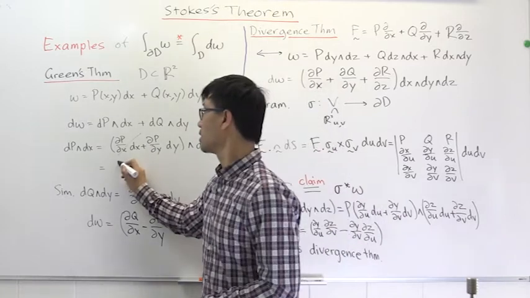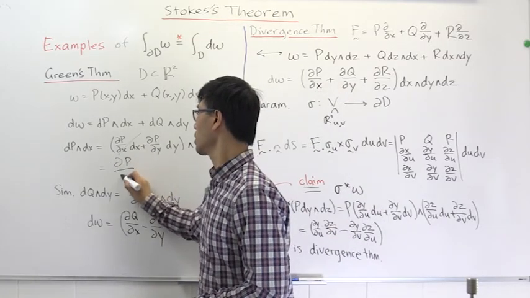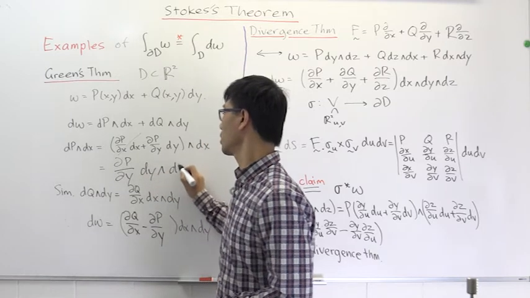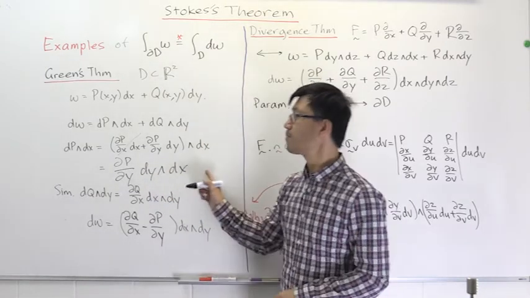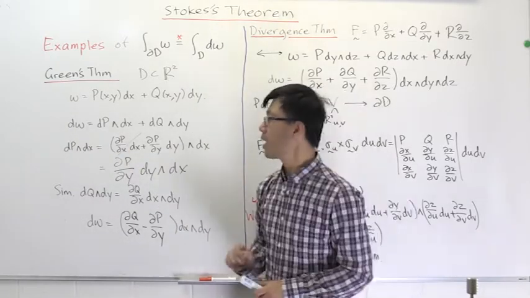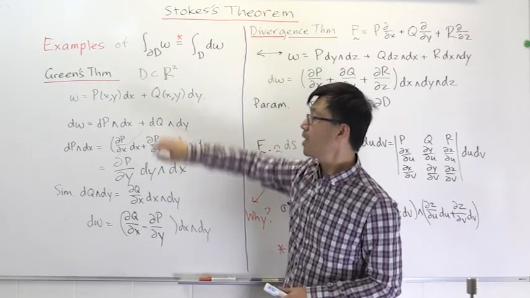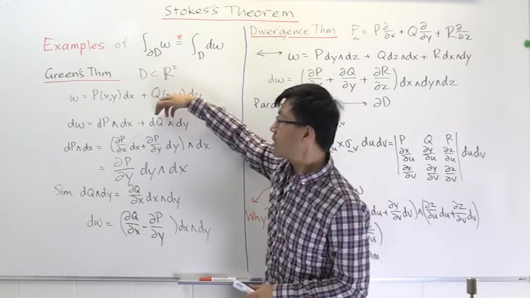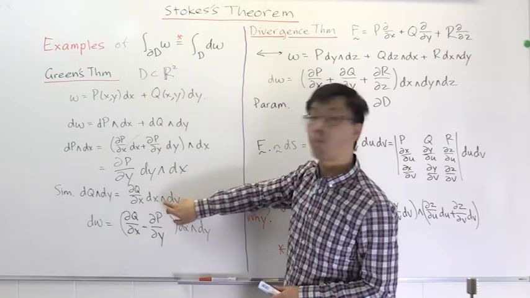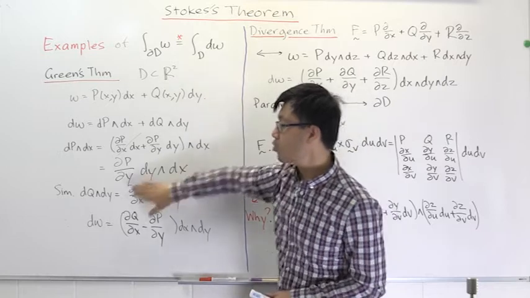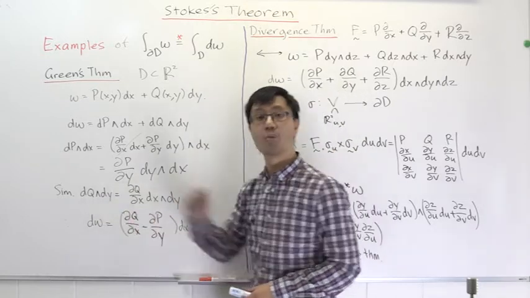So it's just (dp/dy) dy wedge dx. That's what this dp wedge dx is equal to. You can do the same thing with dq, and again, the part that has the dx would remain, so you get (dq/dx) dx wedge dy. But the part with the dy, when you wedge it with dy, gives you 0. So that's all you have left for dq wedge dy.